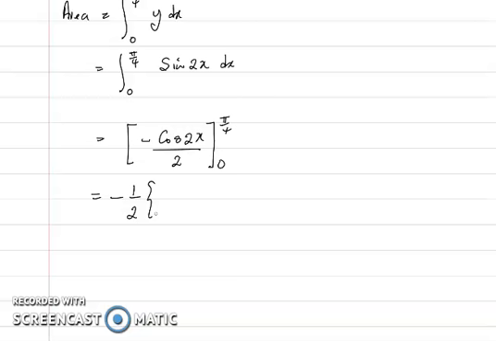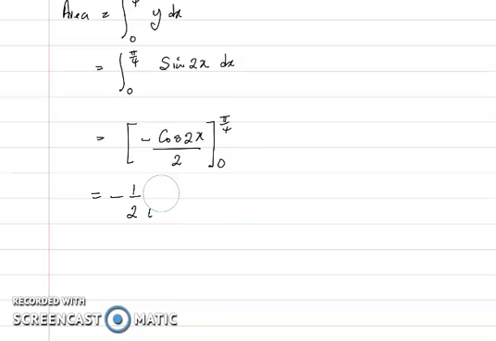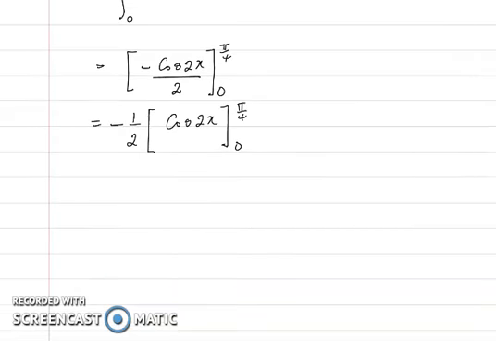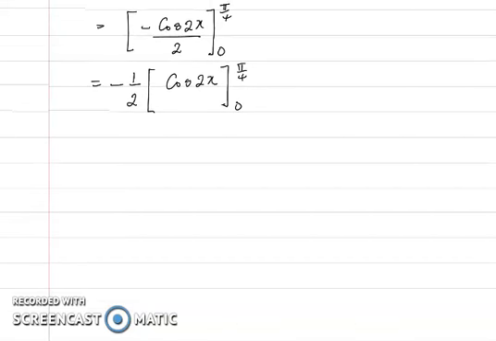Then inside we're going to have cos 2x, with limits 0 to pi by 4. So next we're going to replace x with pi by 4.